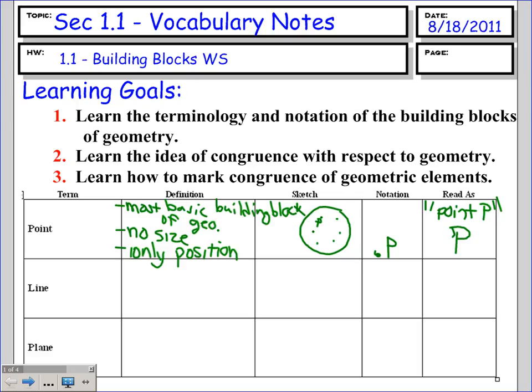Okay, a line. People always tell me there are straight lines. The definition of a line, it's always straight. You do not need to tell me that it's a straight line, because everything we're talking about, all lines are going to be straight. You don't have to say it.